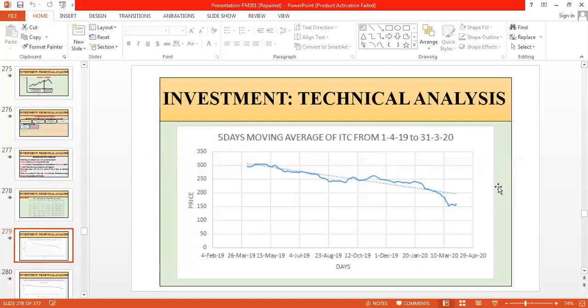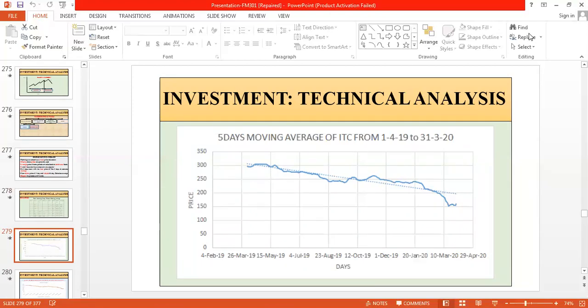So if you plot these figures, you will get a diagram like this. But this is not the diagram of the example that we have taken. It is a diagram which is related to the ITC price.